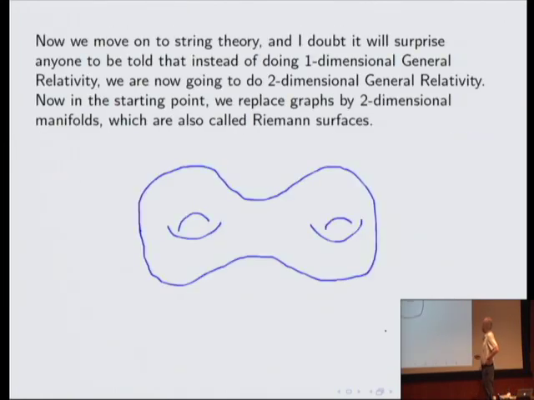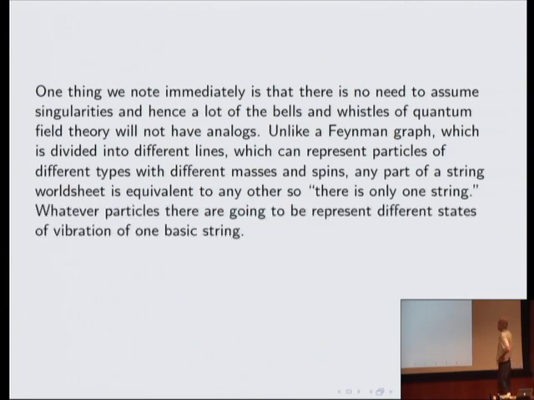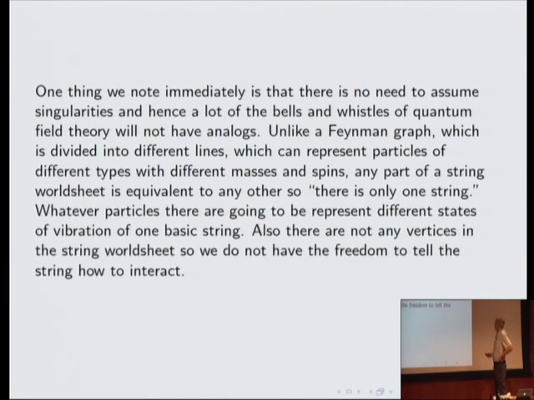Any piece just looks like a piece of the plane. Locally, nothing's happening. So you can't introduce any factors that tell the string how to interact. The string is just going to do what it wants, which is often, historically, not what the people studying string theory wanted it to do. So we don't have the freedom to tell the string what its interactions should be.